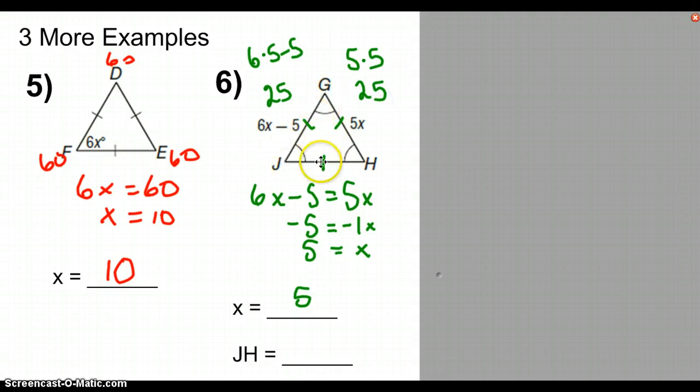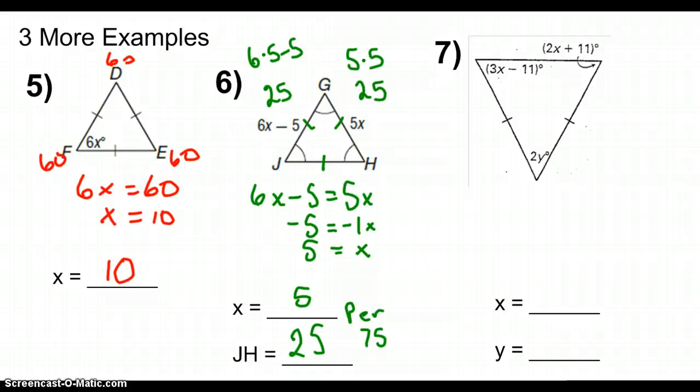And because it is an equiangular and also equilateral triangle, the length of JH would then be 25. An extension of this would then be to find the perimeter, which would have a total distance around the triangle of 75 units.